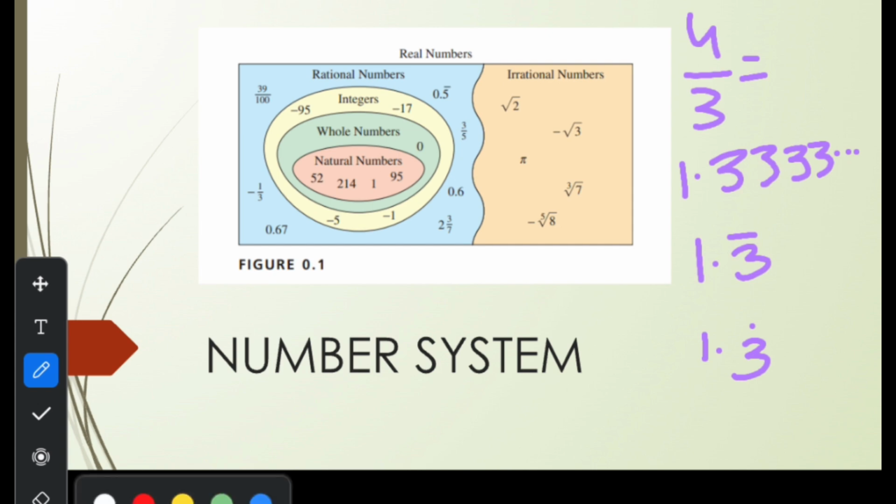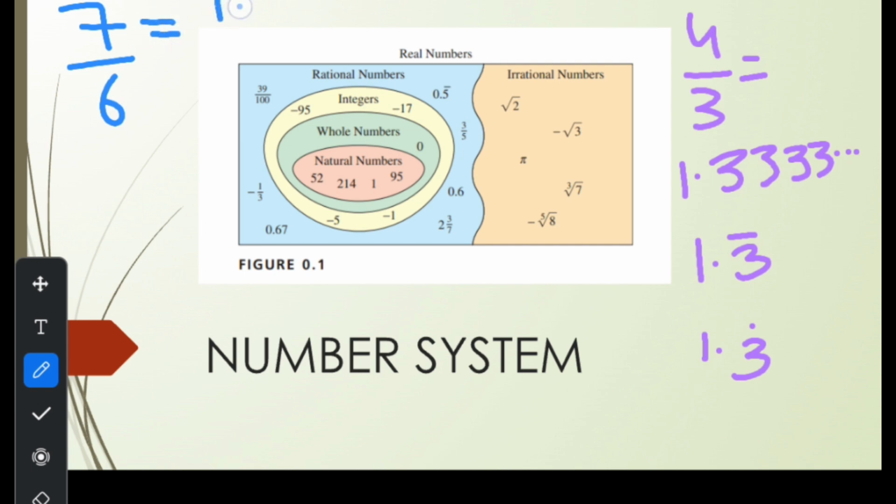Similarly, if you get a question like 7 over 6, and after dividing these two numbers, we get the number in the form where the same number is being repeated many times, you can write it as 1.6 bar, or similarly you can write it as 1.6 with a dot, which is again one of the forms of writing a non-terminating rational number.